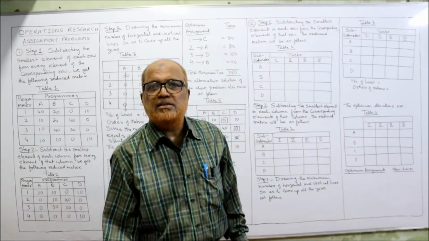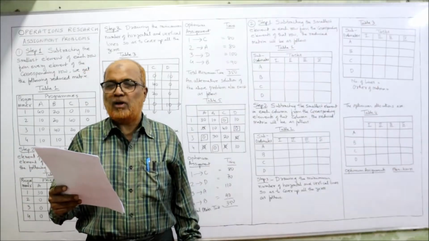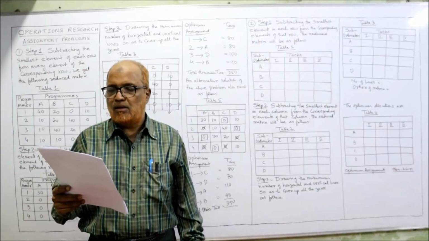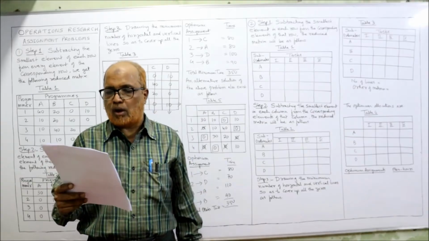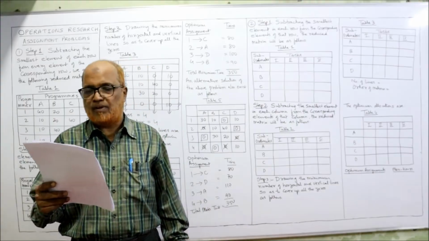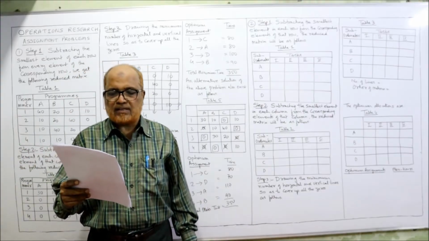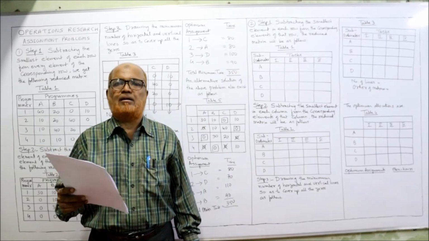Now I am coming to the second problem. A departmental head has 4 subordinates and 4 tasks to be performed. So here 4 rows and 4 columns. The subordinates differ in efficiency and the tasks differ in intrinsic difficulty. His estimate of the time each man would take to perform each task is given below in the matrix.